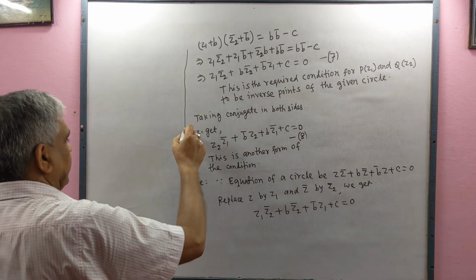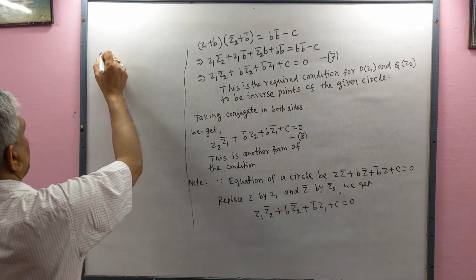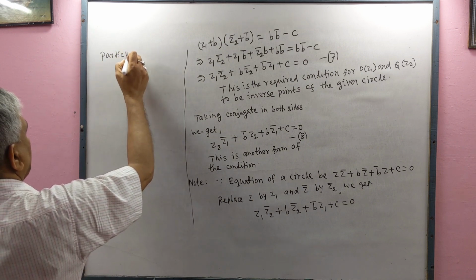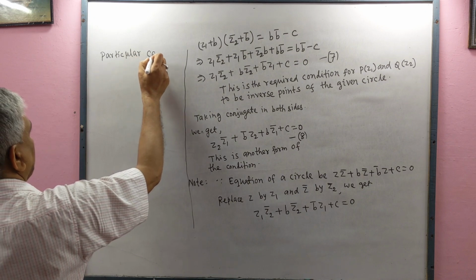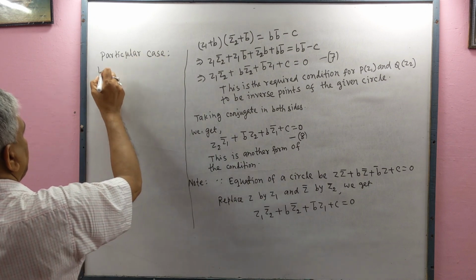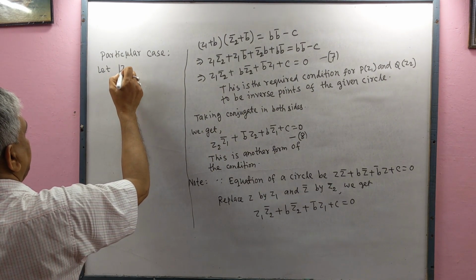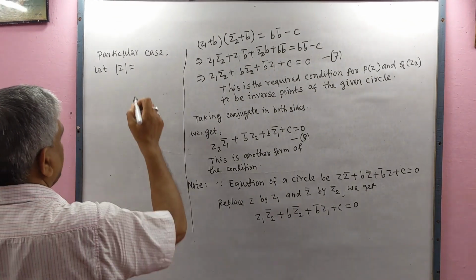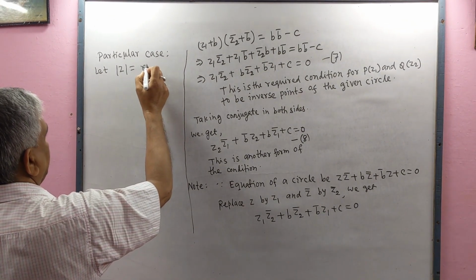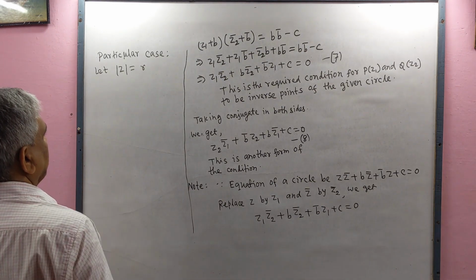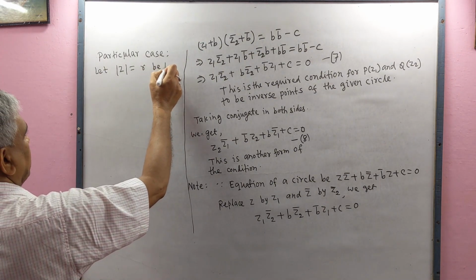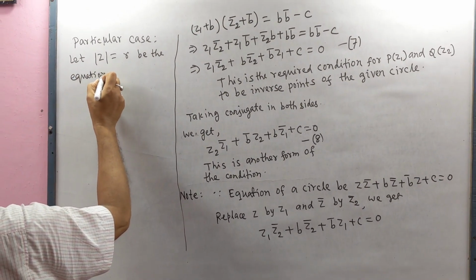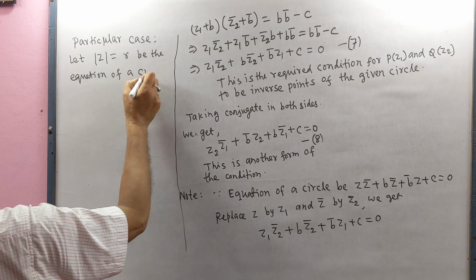Now we take a particular case. Let mod Z equal to R be the equation of a circle.